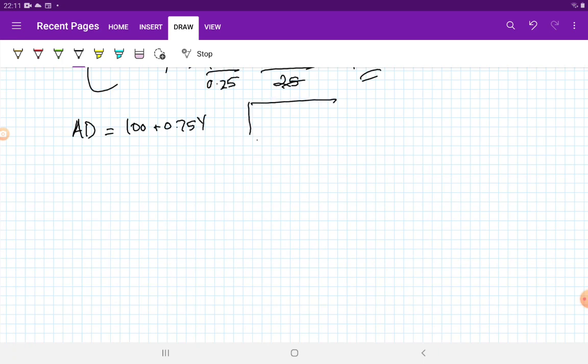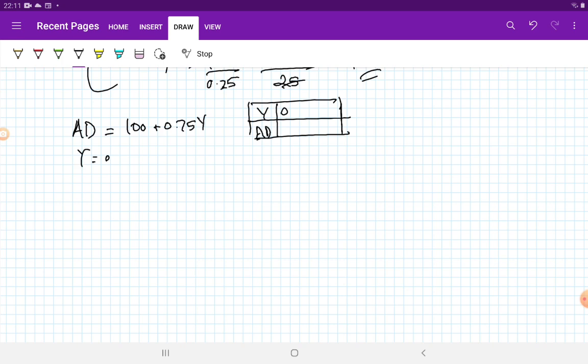Let me just figure out the 2 points that I want to plot. So y, or national income, is on the x-axis, and aggregate demand is on my y-axis, because that is on the left hand side of the equal to sign. First, let me assume y equal to 0.